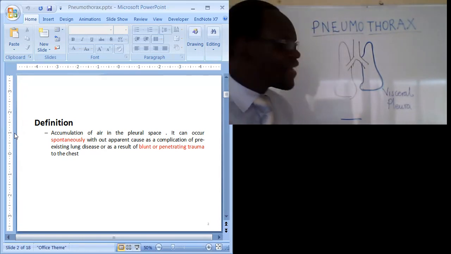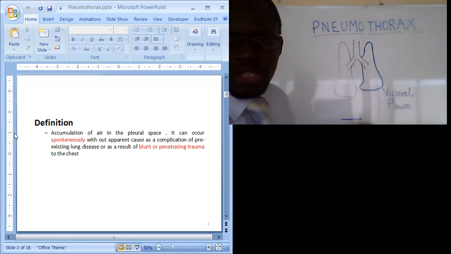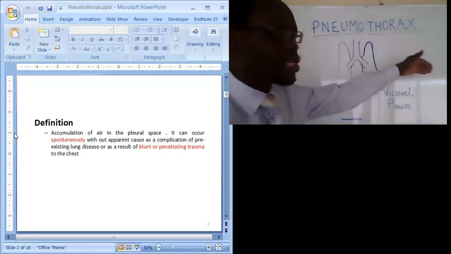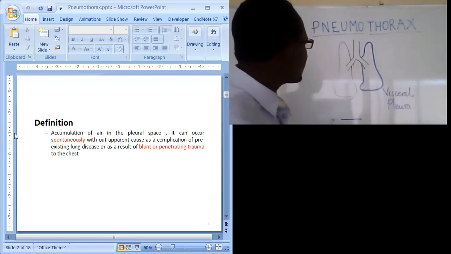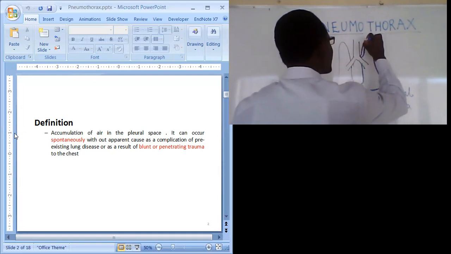And then there is another part of this very pleura which is continuous with the adjacent structures.